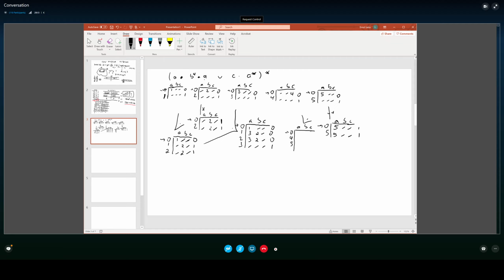And now it probably is a good idea to actually rename that. So I'll call this A, B, C, D, E, F, G, H, because otherwise you're going to get confused with the reduction algorithm.